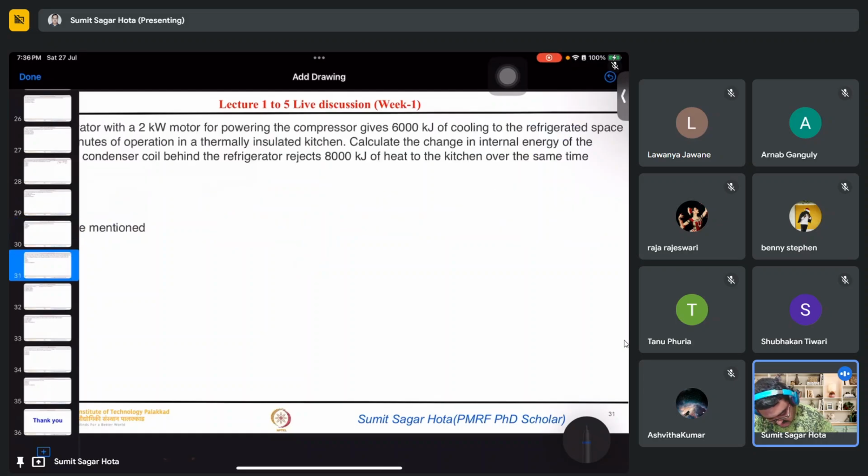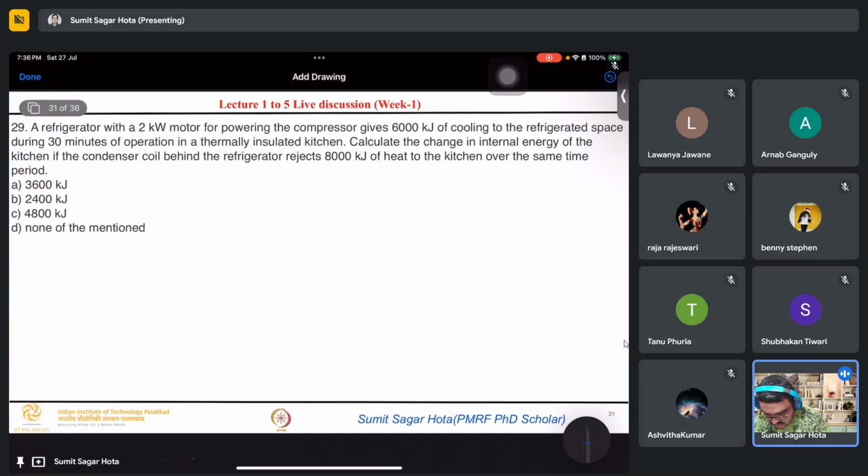Again, go to the next question. This is actually a problem. A refrigerator with a 2 kilowatt motor for powering the compressor gives 6000 kilojoule of cooling to the refrigerator space during 30 minutes of operation in a thermally insulated kitchen.